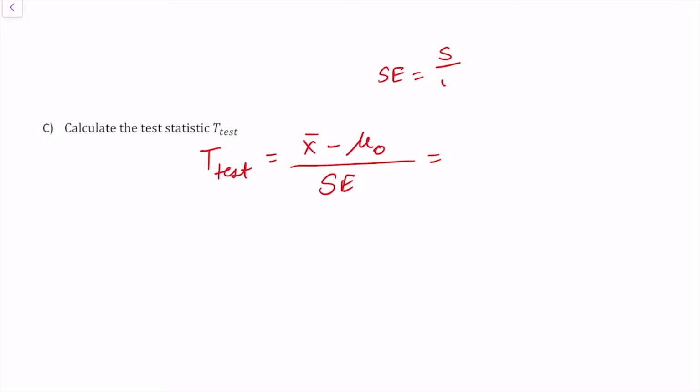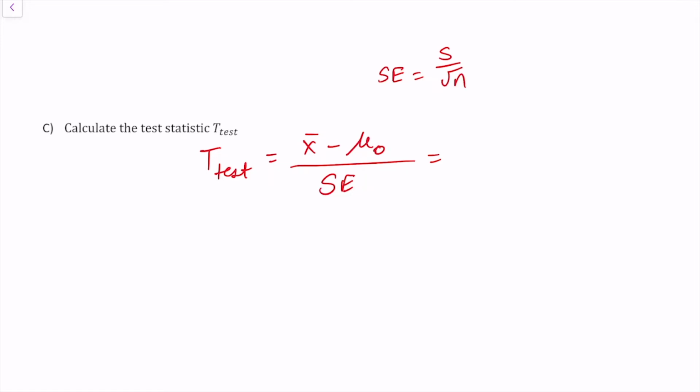Okay, I'm going to rewrite the formula for your convenience here. So our test statistic is X bar minus the hypothesized mean over the standard error, where the standard error, remember, is equal to the sample standard deviation divided by the square root of n.